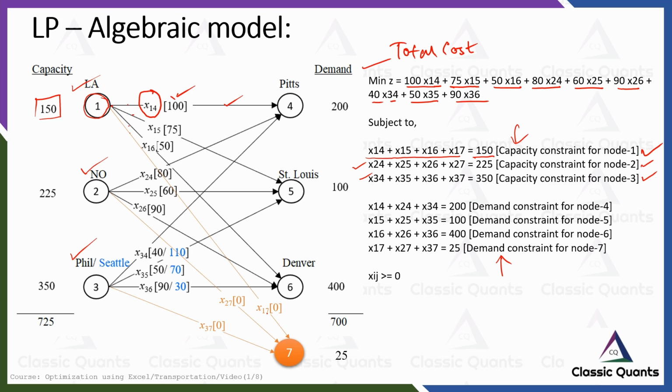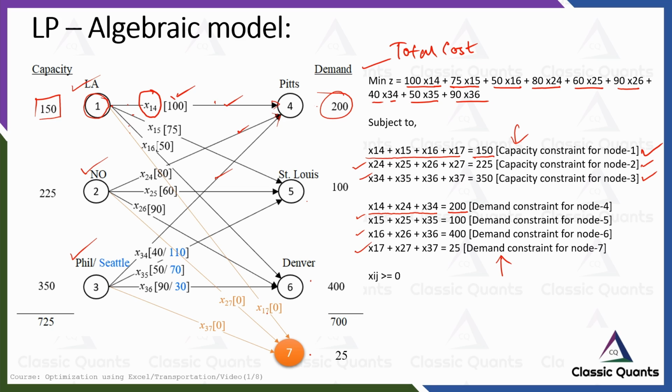And what is the demand center? You see, like in Pittsburgh, in node 4, 3 edges have ended. So x14, x24 and x34. This will be equal to the total demand in this particular node, which is 200. In this way you define for the rest of the three.